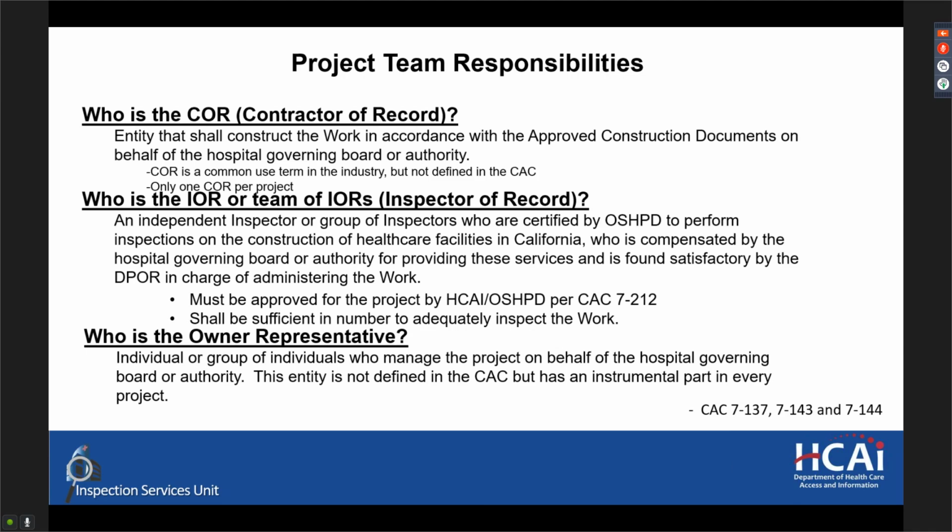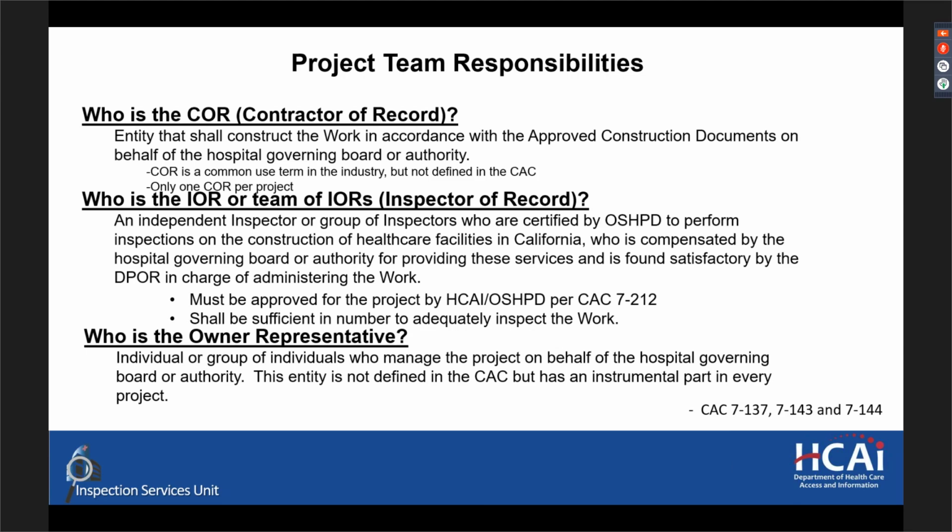This individual must be approved for the project by HCI and OSHPD per CAC 7-212, and there shall be sufficient inspectors and a number that is capable of adequately inspecting the work. So a small project may have one inspector, but a larger project, such as a massive hospital expansion or a replacement hospital, would have a team of inspectors in order to accommodate the work as it is moving forward.